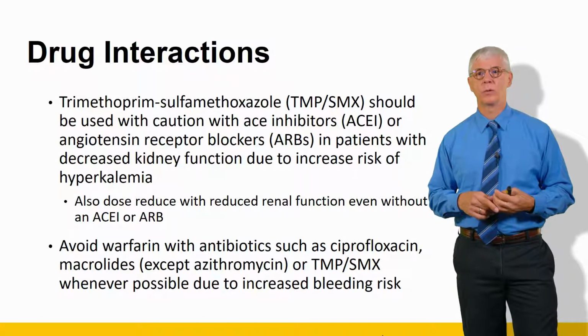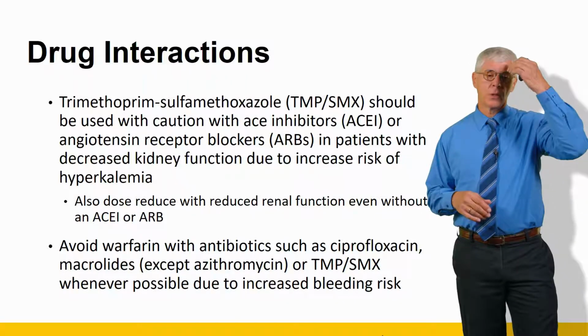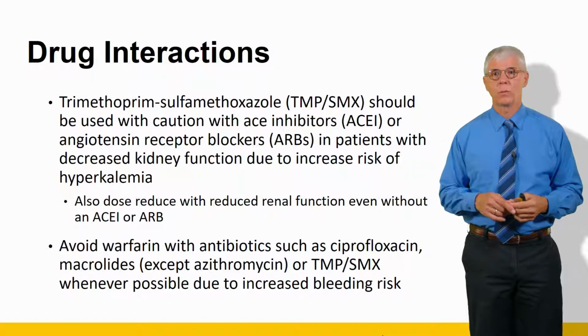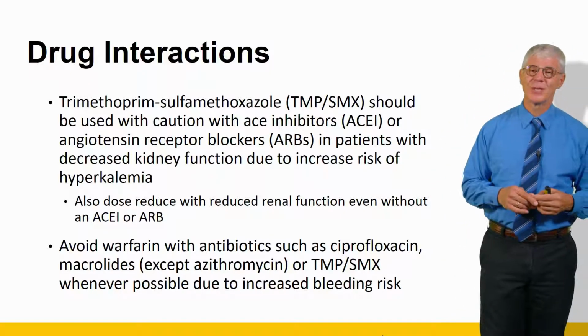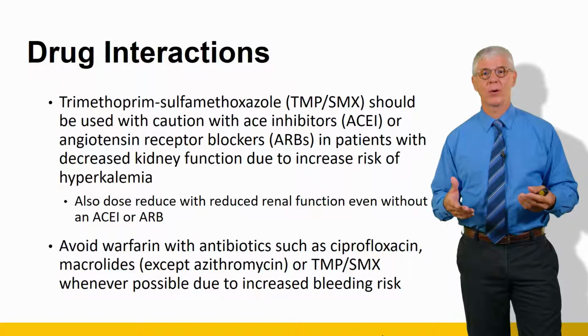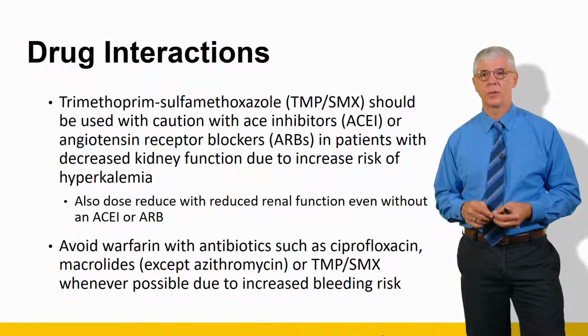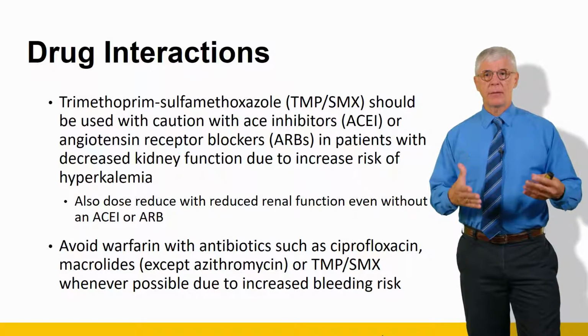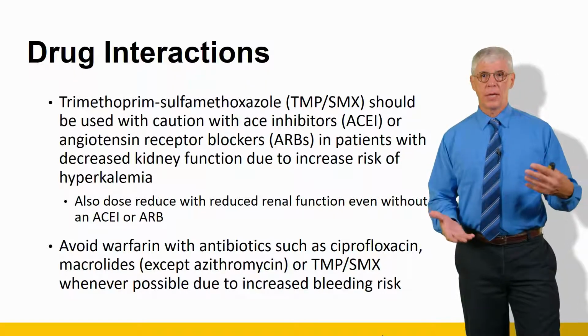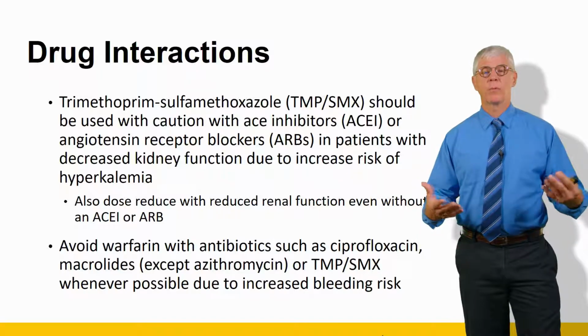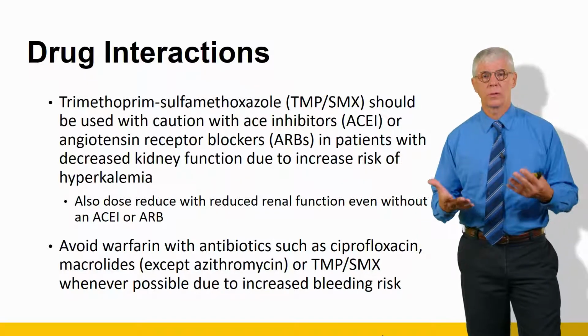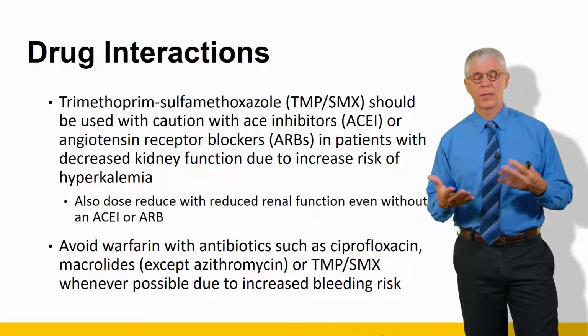Another group is the angiotensin receptor blocker agents, which are ARBs, which are also used for some of the same indications as the ACE inhibitors. So we have a lot of people on those ACE inhibitors and ARBs that get temporarily put on Bactrim, trimethoprim sulfamethoxazole. Bactrim is a brand name.